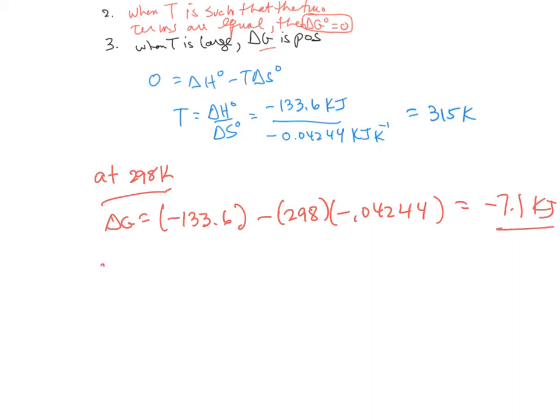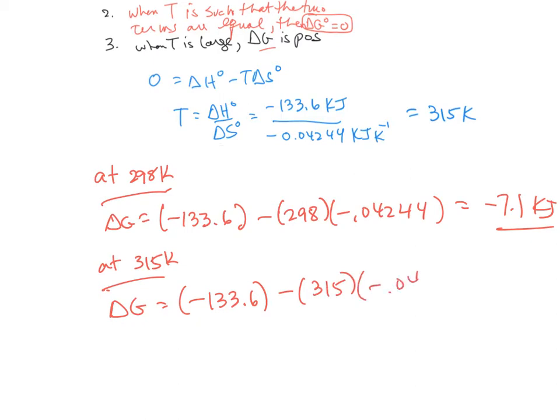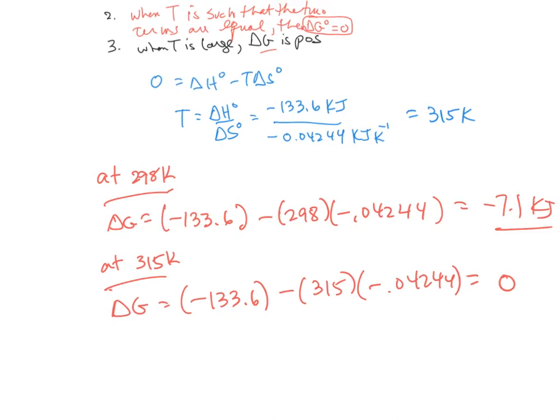If you get to 315 Kelvin, then delta G is equal to negative 133.6 minus 315 Kelvin times negative 0.04244. That is equal to 0, right?